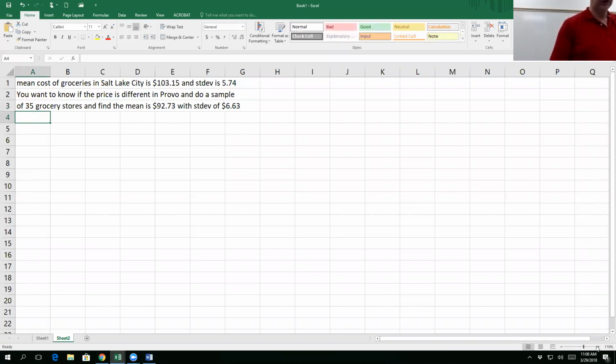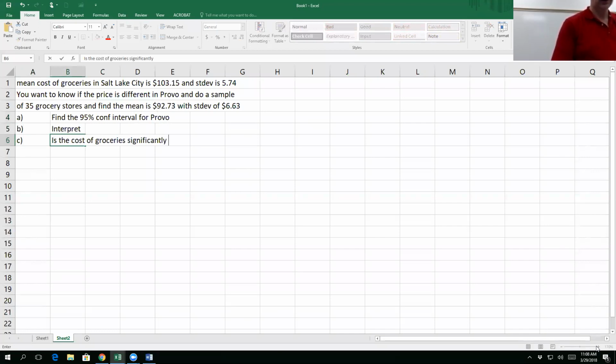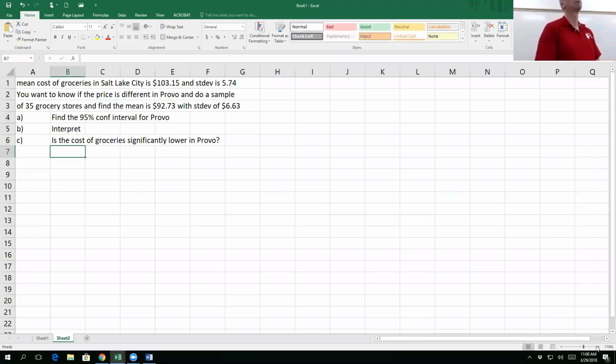So here, I'm going to do a couple questions here. First of all, find the 95% confidence interval for Provo. B, interpret. And C, is the cost of groceries significantly lower in Provo? Okay, hope these are good numbers. We're going to find out. That's what happens when you make up a problem in your head. It might be terrible.